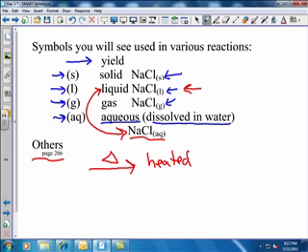Or if you see a yield sign with an element above it, like Pt, that means that that reaction has a catalyst in it. So, a couple of different things that you will run across when you see different reactions.